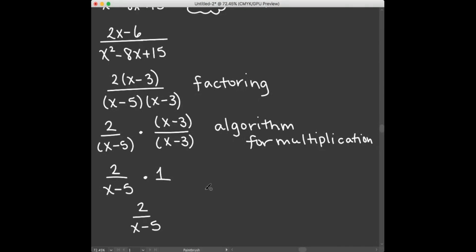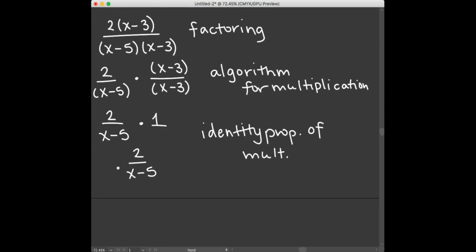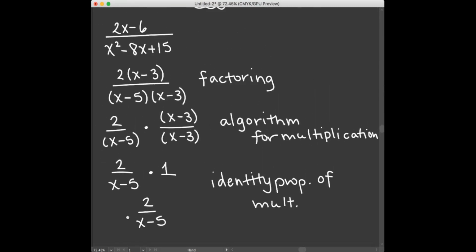And that is the identity property of multiplication. And that says that when you multiply a number by 1, you get that same original number. So because we have followed the steps of algebra, and the steps of algebra never fail us, we can see that this original expression here is equivalent to this final expression that we got as our answer.